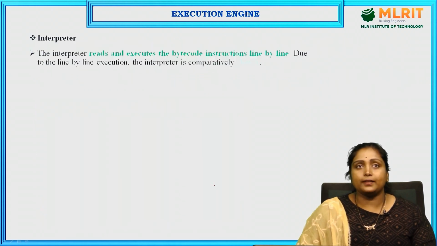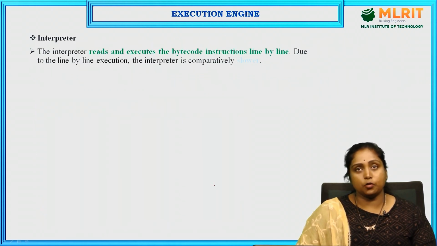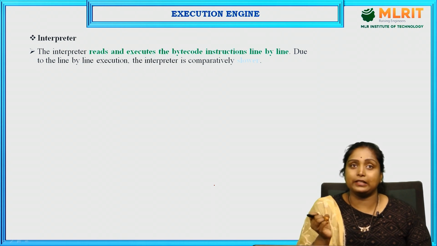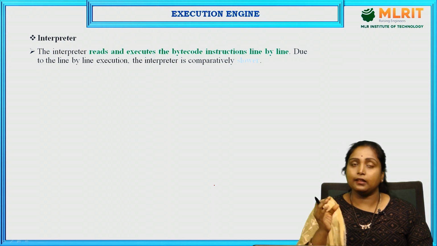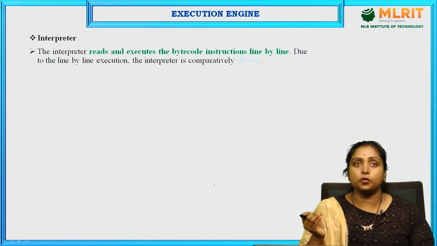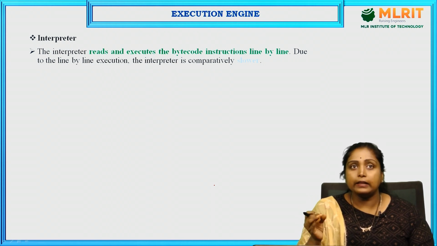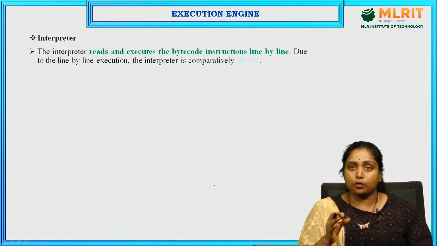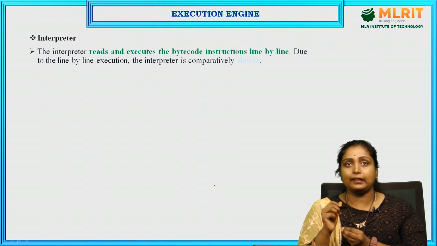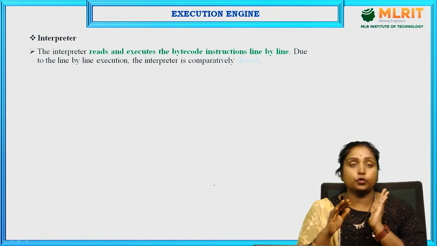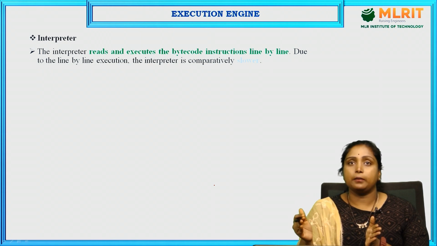So what is the interpreter? Some languages use an interpreter. An interpreter is a program, or software, that takes the source code, reads and executes it line by line, and converts the source level language to machine level language.